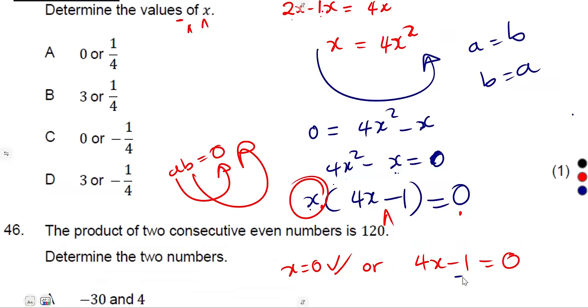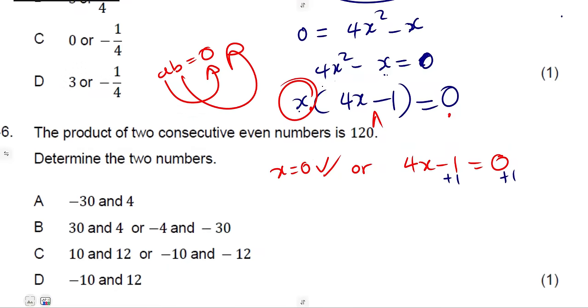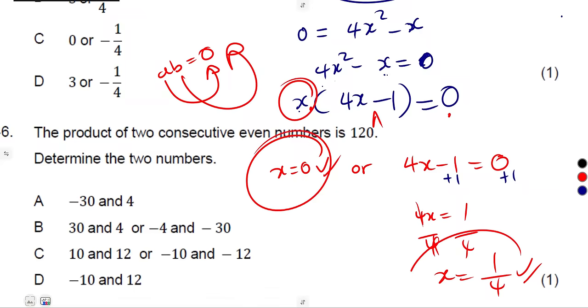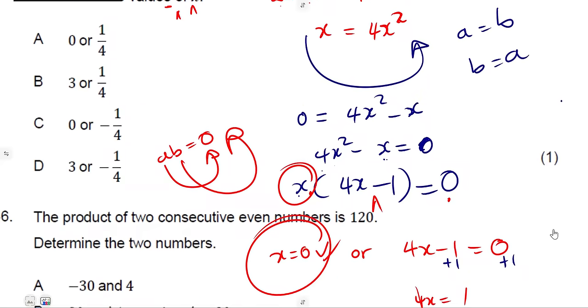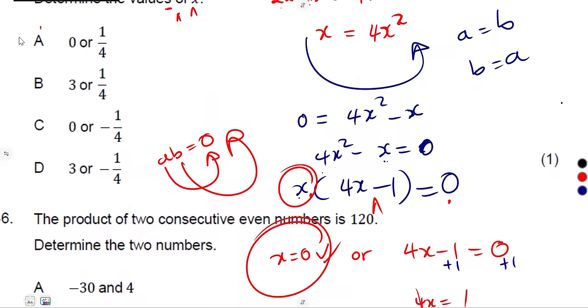Let's solve. We add 1 both sides. So 4x is equal to 1. So divide by 4. We are done. Our x is going to be 1 over 4. These are the solutions: 0 and positive 1 over 4, which is on what? On A. So the best answer was going to be A there.